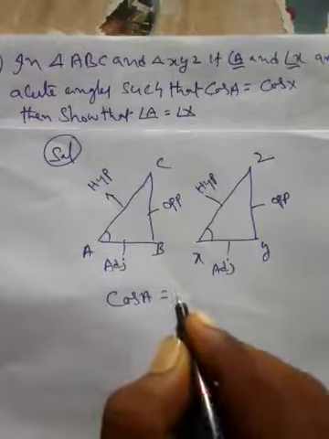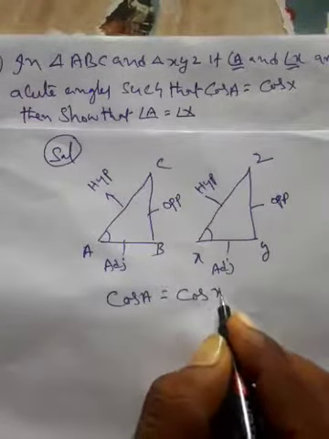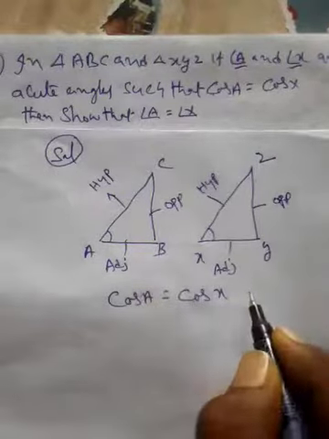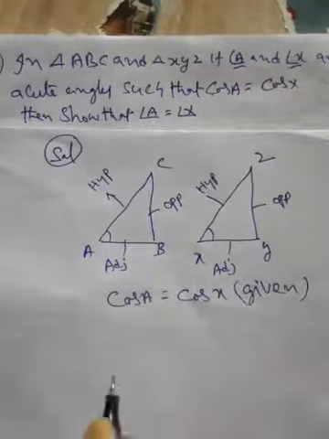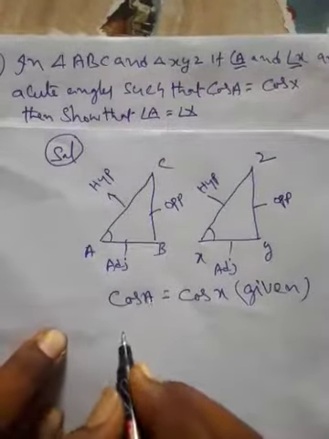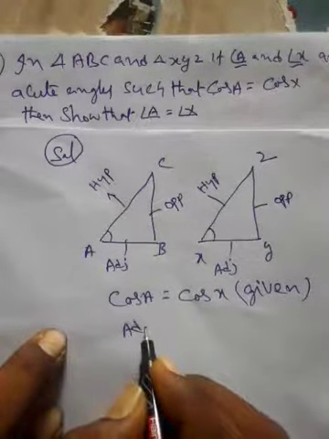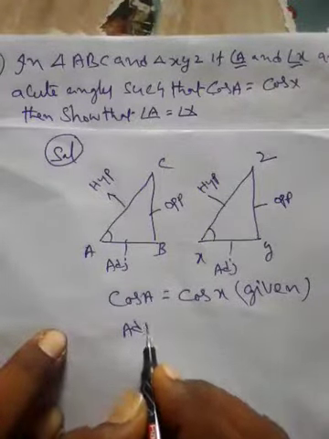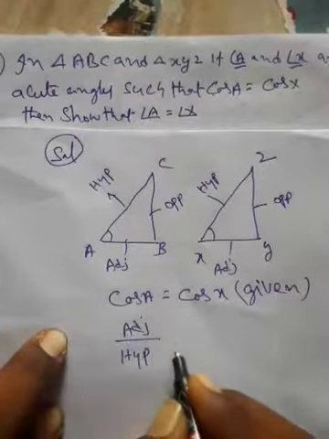cos A is equal to cos X. It is given in the problem. We know cos A is, by trigonometric ratios, adjacent side by hypotenuse.